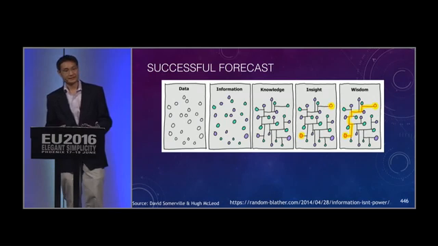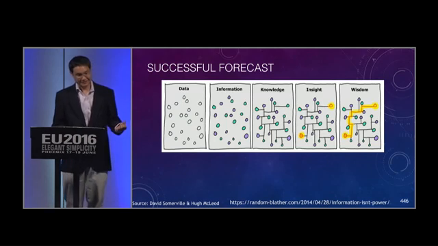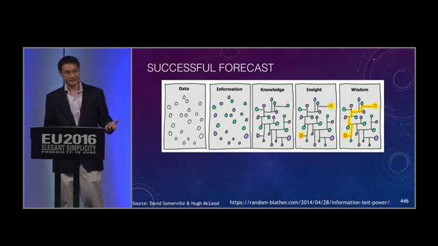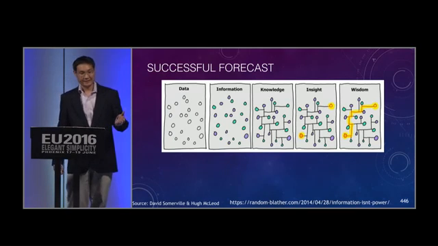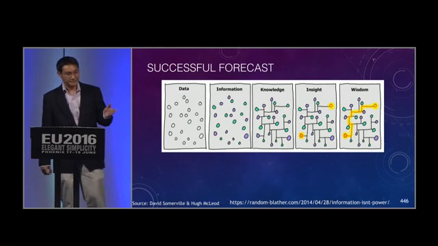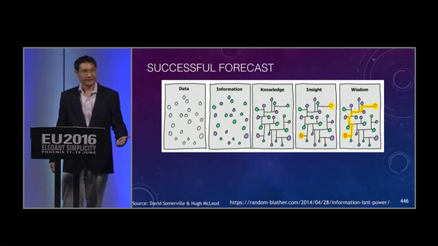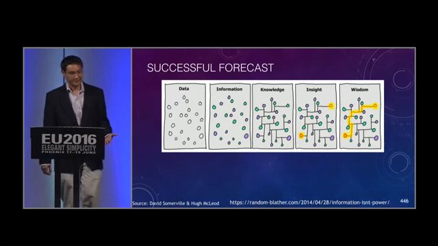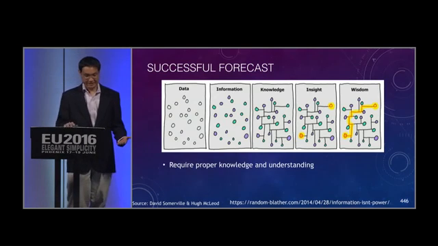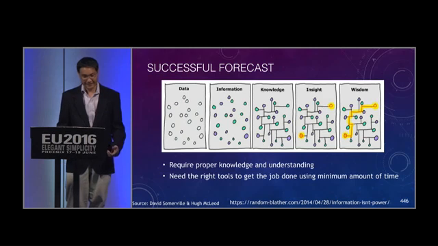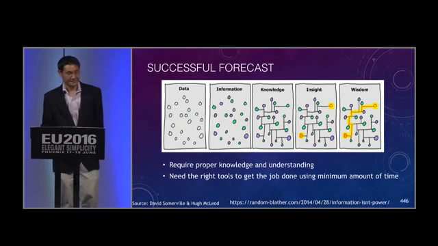And it requires insight. Of course, we have to know where we're going. That's very important in terms of doing the forecast. We have to have insight that there is a path toward the goal. And of course, to accomplish all this, we have to put in effort. So we call this wisdom: choosing the right path, using the right tools, and spending effort to make it work. And of course, the path we choose, we want to choose the shortest path.